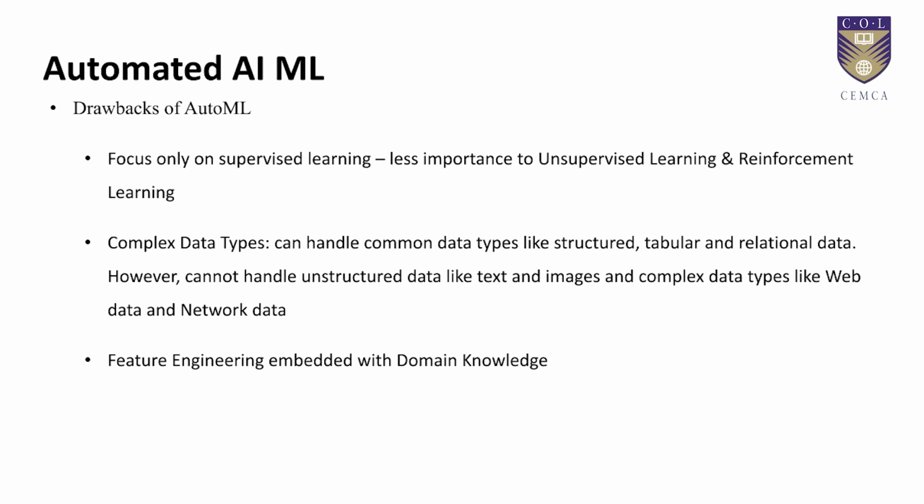Moreover, such algorithms are not developed in a way that they can handle complex data structures. For that, we still need human intelligence. So if you want to apply unstructured data to the AutoML process, then you need some sort of pre-processing done by a human being before it can be used.